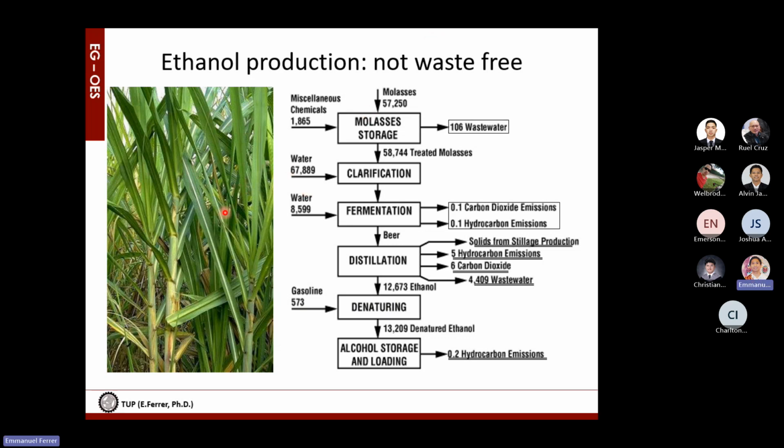Okay? So this is one utilization of biomass. We have the sugar ferment to produce ethanol. So not just sugar cane, but also corn, the starchy ones. So anything with starch, with carbohydrates, you can ferment to produce ethanol.